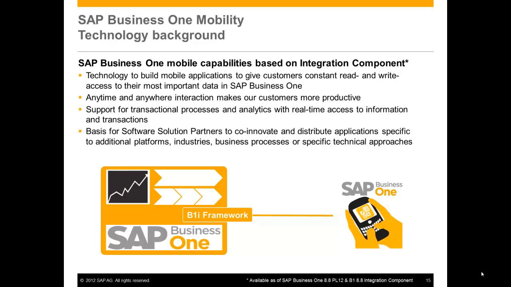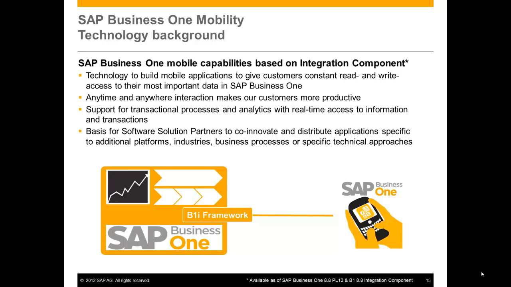We're providing support for transactional processes and analytics, and that's giving real-time access to information and transactions. Again, all of this coming from the integration component, and this is available with SAP Business One 8.8 patch level 12 and the Business One 8.8 integration component. So you need to have both of those components loaded.